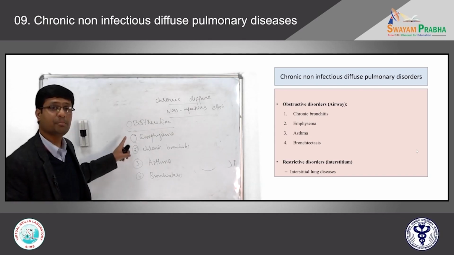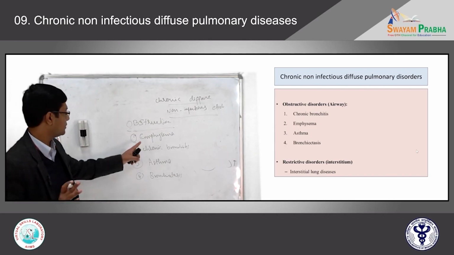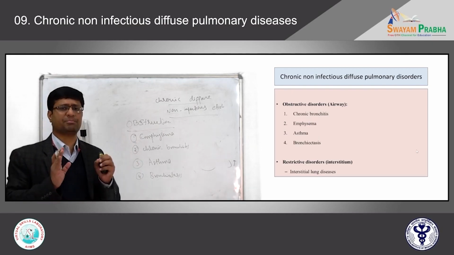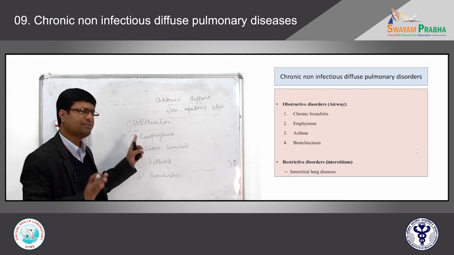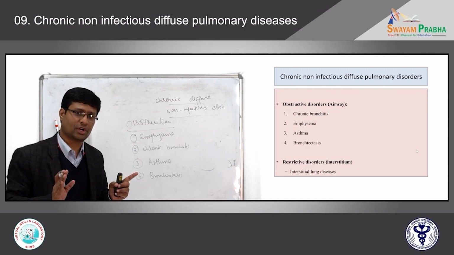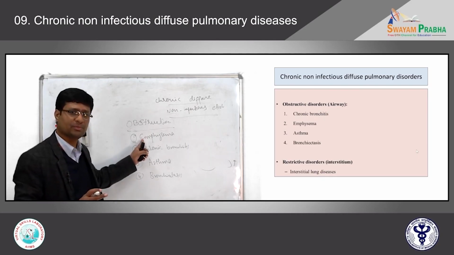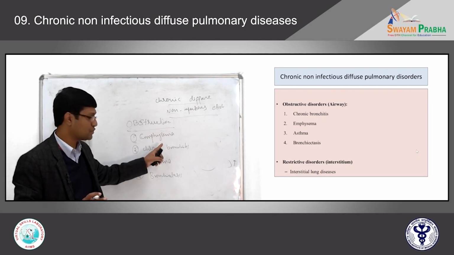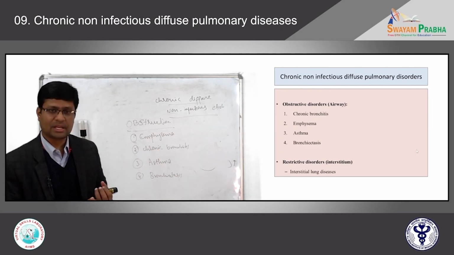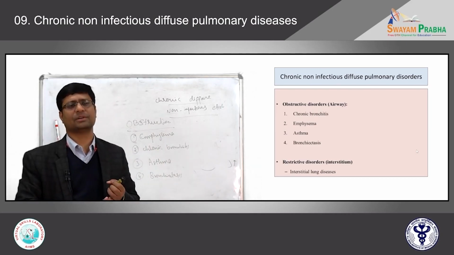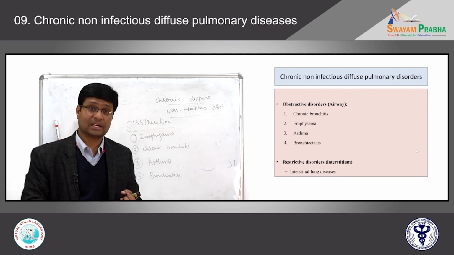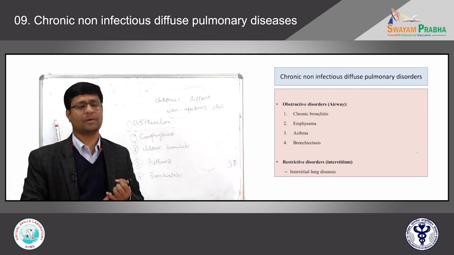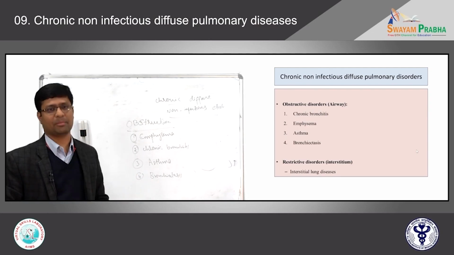If you see them in a prototypical form, that means if the patient is having purely emphysema or purely chronic bronchitis, then each individual entity will have separate, clear-cut clinical signs and symptoms and clear-cut radiological features. But usually that will not happen.